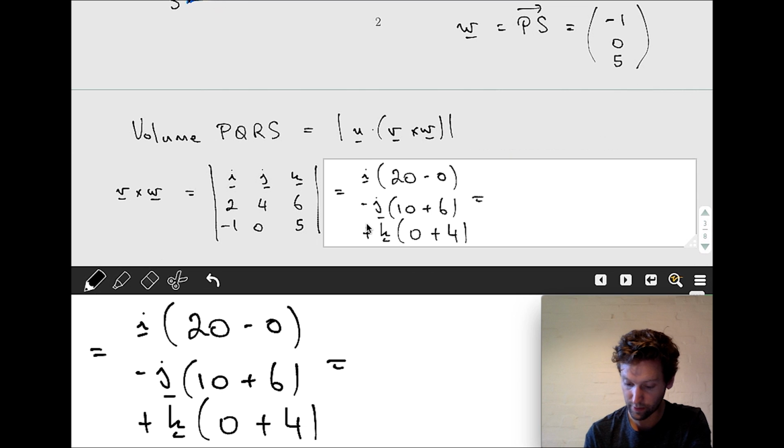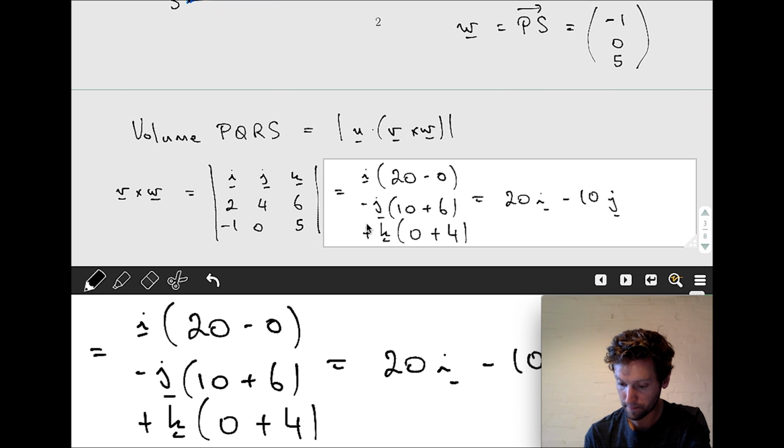So that's going to be equal to 20 i vector minus 16 j vector plus 4k vector.